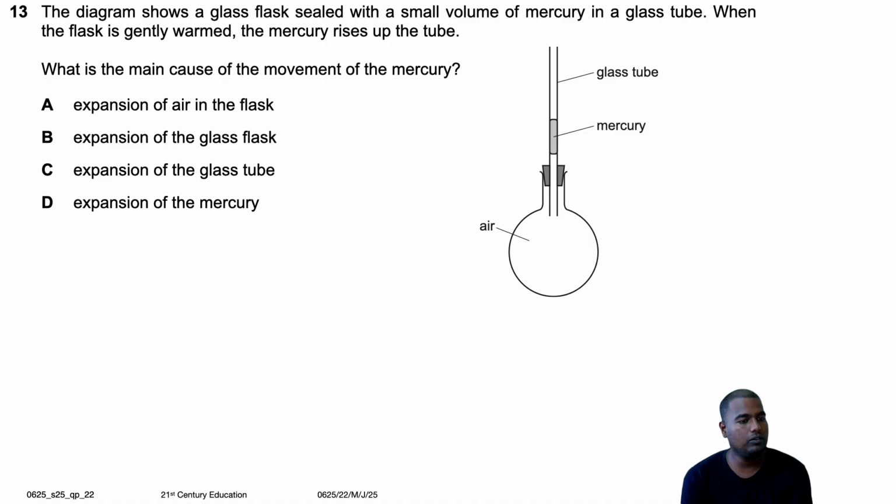Expansion of the mercury is also one of the reasons it can increase its height, but only the flask is heated, not the mercury directly. So the flask is heated, the air in it expands. As a result, it pushes the mercury up. So this is the main cause of the movement of the mercury. Even if you heat the mercury, it's going to expand, but compare the volume of the air and the volume of the mercury. So expansion of the air in the flask. Option A.